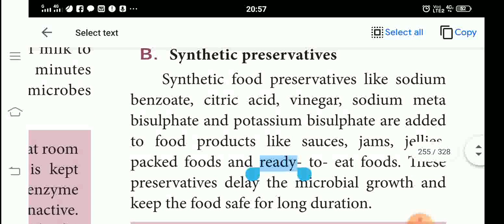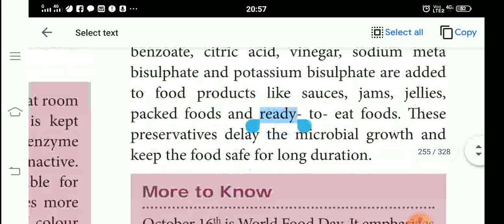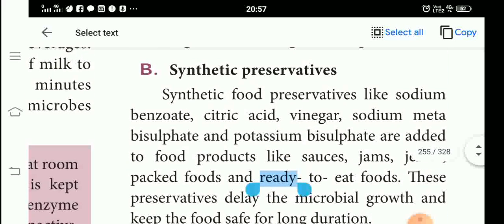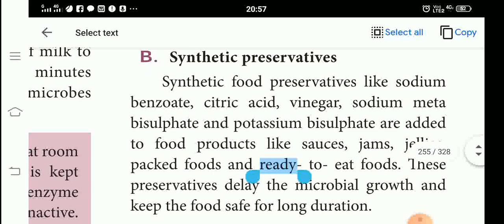Mostly we all know that vinegar is used in sauces and jams. Then some other preservatives are benzoate, citric acid, sodium bisulfate and potassium bisulfate. These are some of the synthetic preservatives used in sauces, jams and jellies.